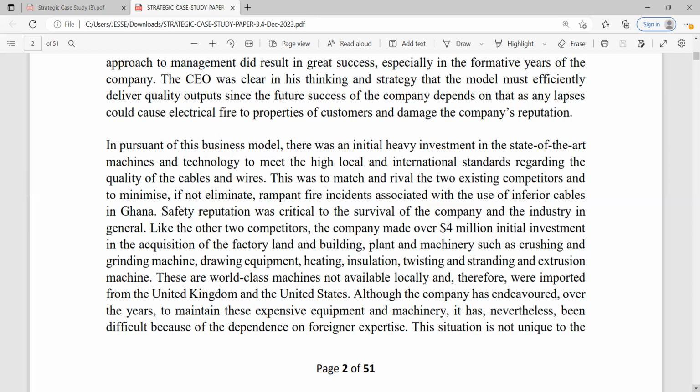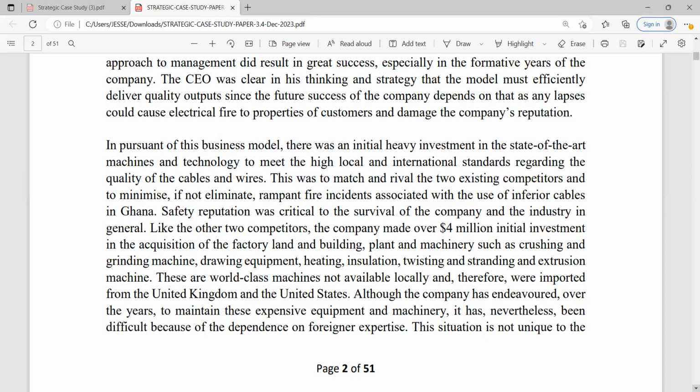So that's the business model. So in pursuance of this business model, the company decided to invest heavily in machines and technology. That's very, very interesting.